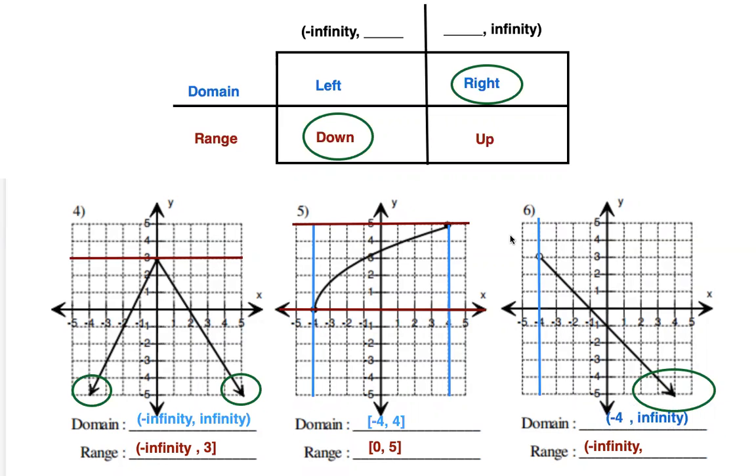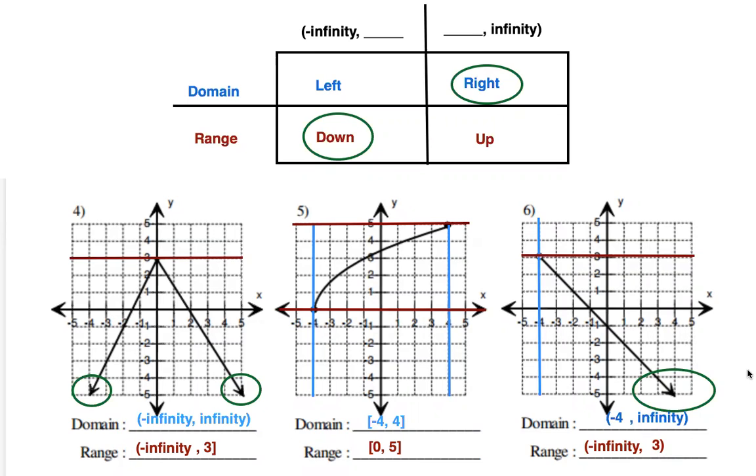And now I need the upper part of my graph that goes through 3, and also an open circle, so a parentheses. So here are my answers for 4, 5, and 6.